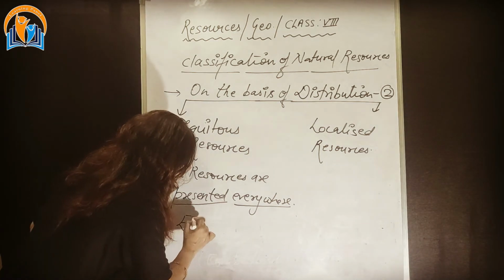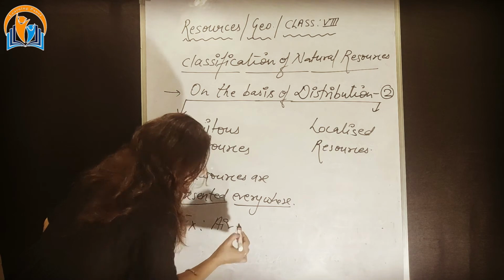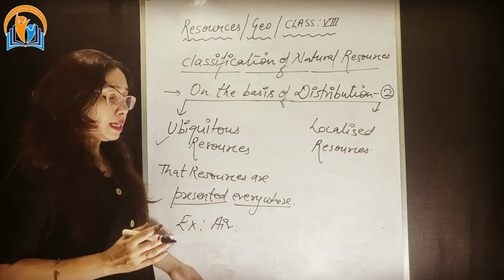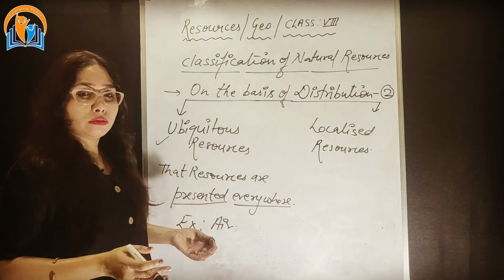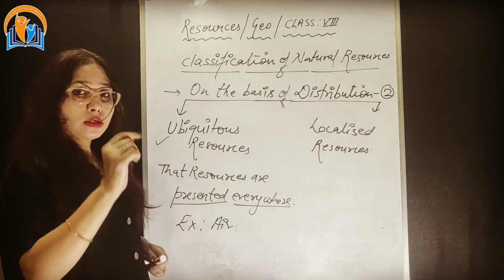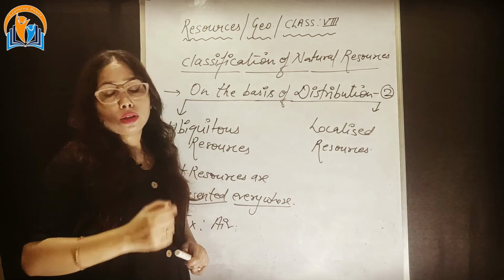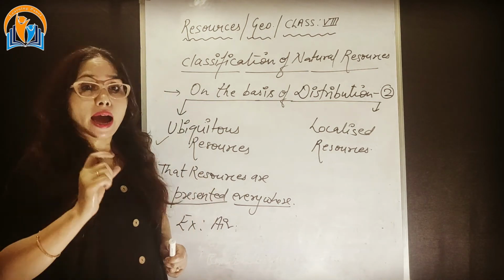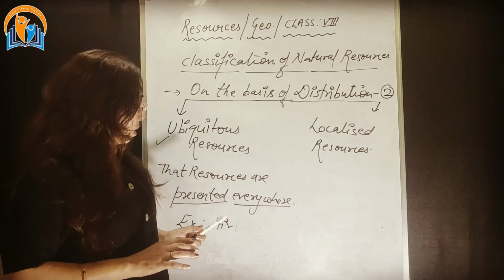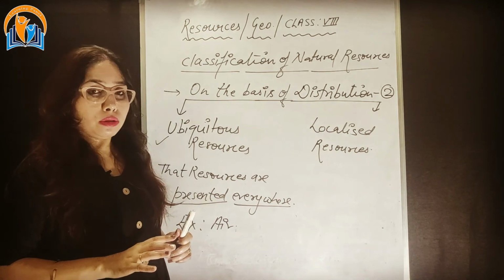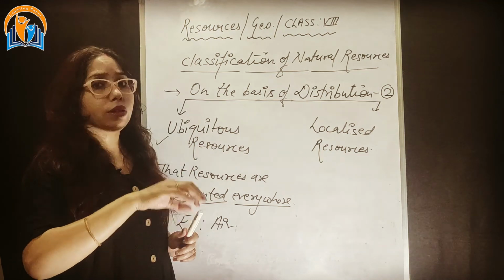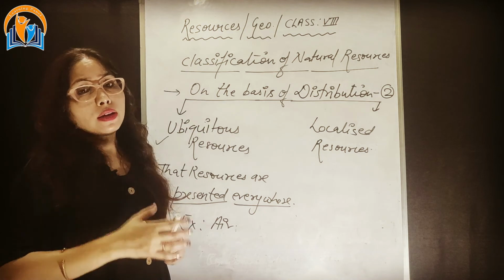Example, like air, water, present everywhere, whatever continent, whatever place of the earth. Okay, but here is one thing to be noted down. Amount is not measured. Okay, we are not talking about the amount. Means here fresh air, fresh water, we are not talking about, because fresh water may be in one place in an amount that is not the same quantity in another place.